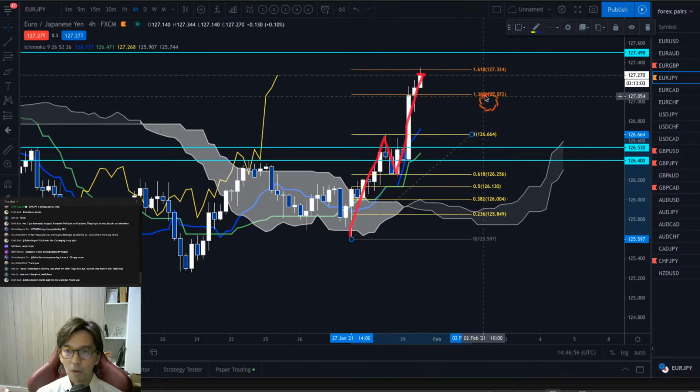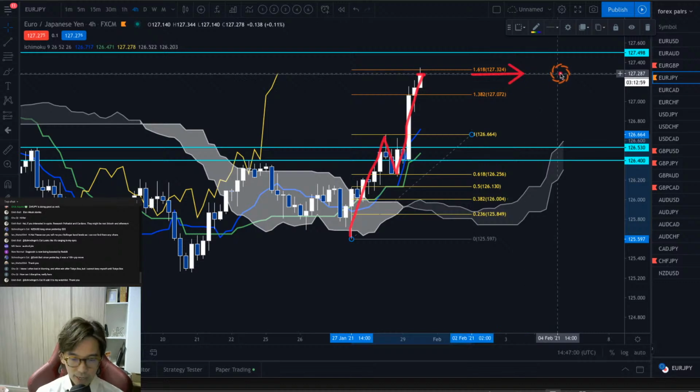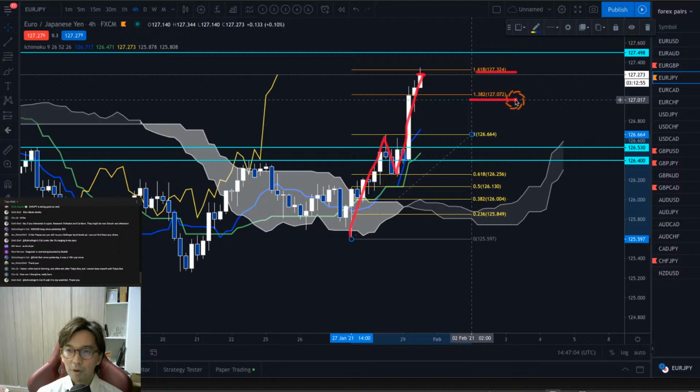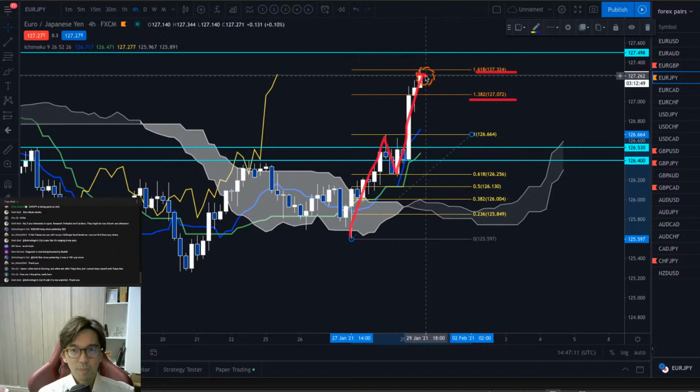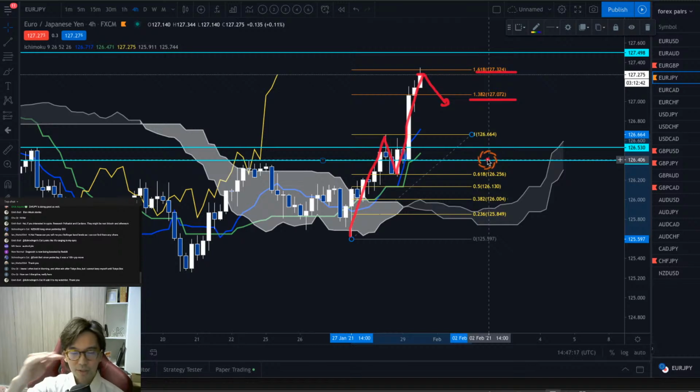I get this 161.8% and 138.2%. So now the market is reaching in between these levels, so that means there might be some retracements over here. And that is one way to expect the potential target on this N wave.